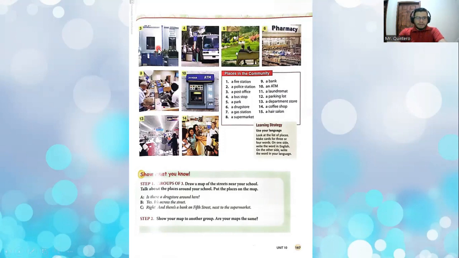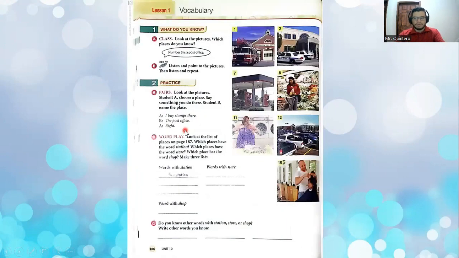Number 3, here we have a post office. A post office, number 3. And you're going to go repeating and listening to this audio. Remember to repeat this vocabulary 5 times in your notebook.